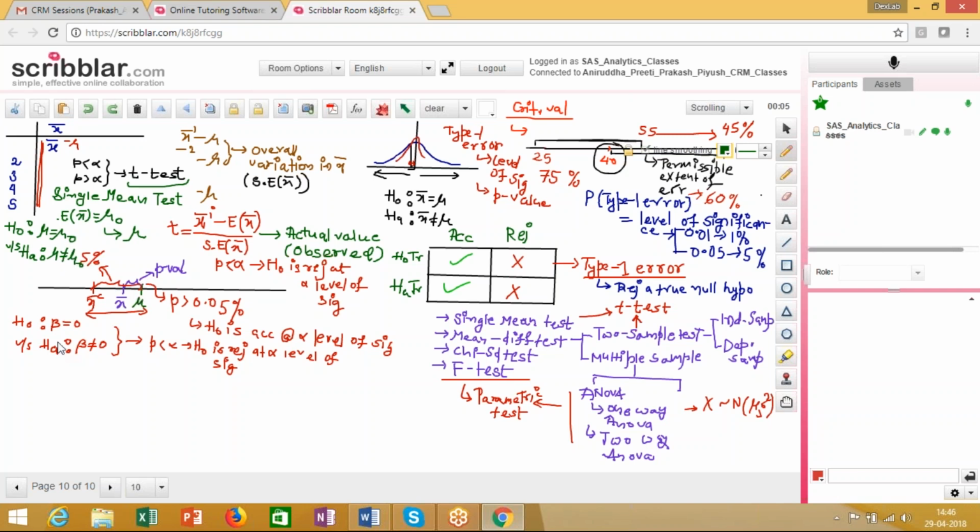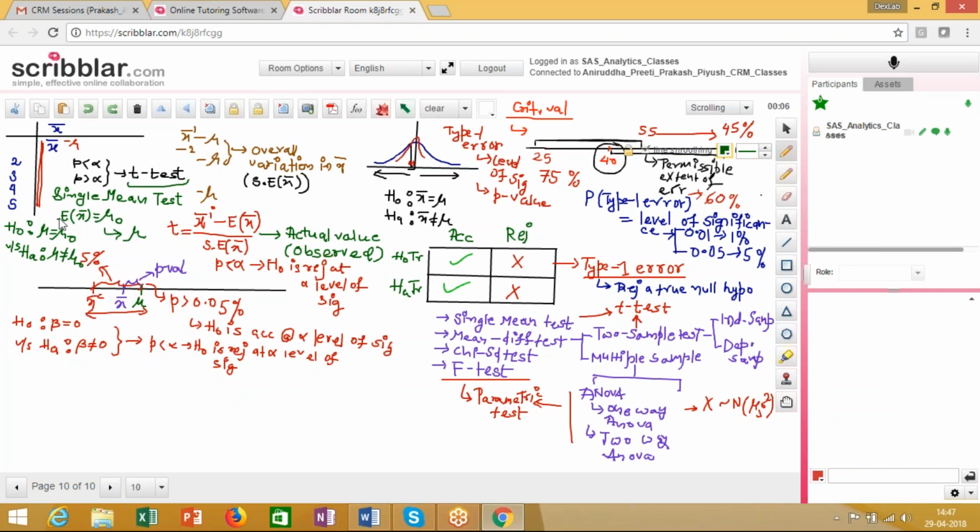Now when I say this, what is it that I mean by this? One of my conjectures over here is that the mu 0 that I have obtained from my calculations, or from my model, from my estimation, may or may not have some difference with the population mean.